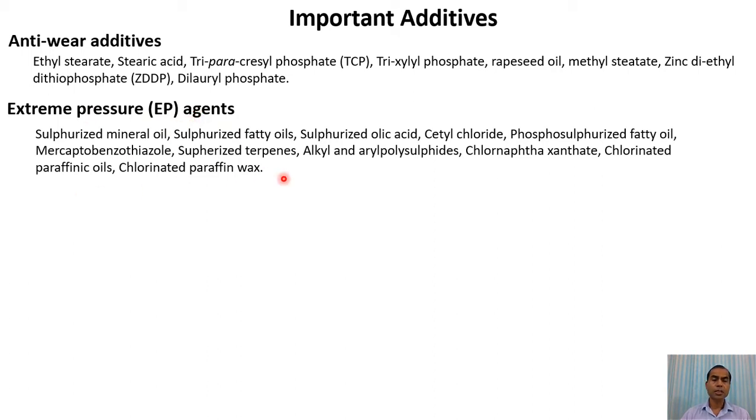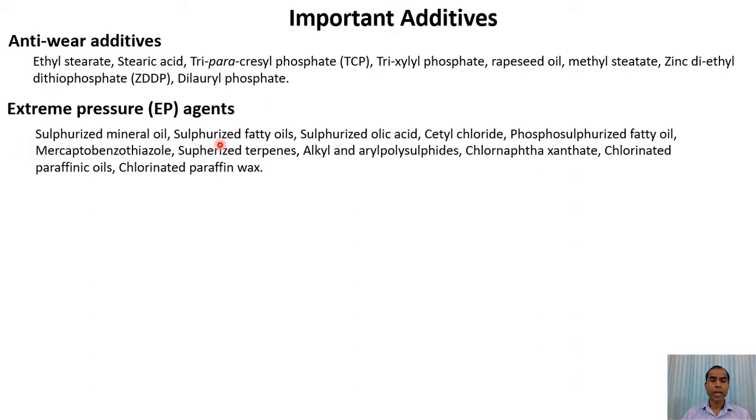The next is extreme pressure agent or EP agent. For applications such as gears where the pressure is extremely high and speed is also high, in that type of condition we need extreme pressure agents which form a very tenacious, very strong film on the metal surface, and it protects the metal surface again against wear and any kind of damage.